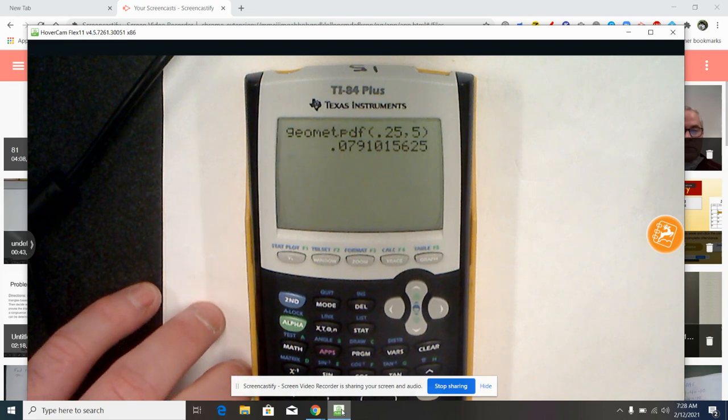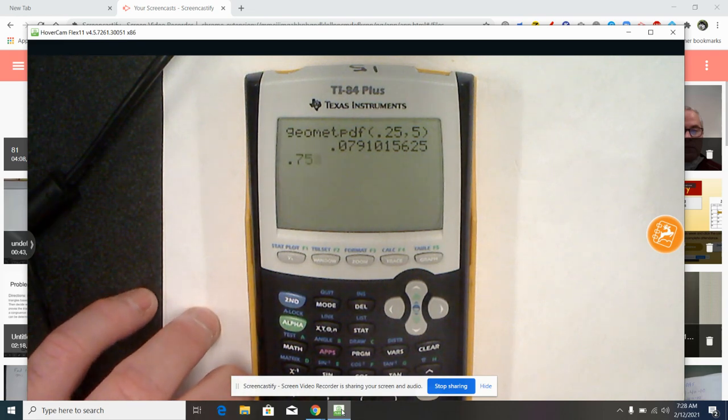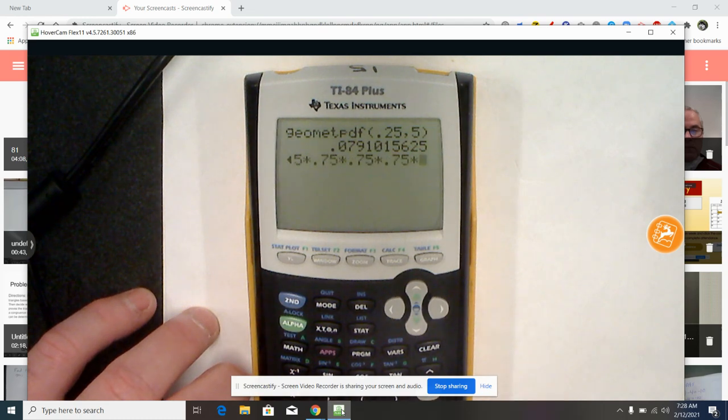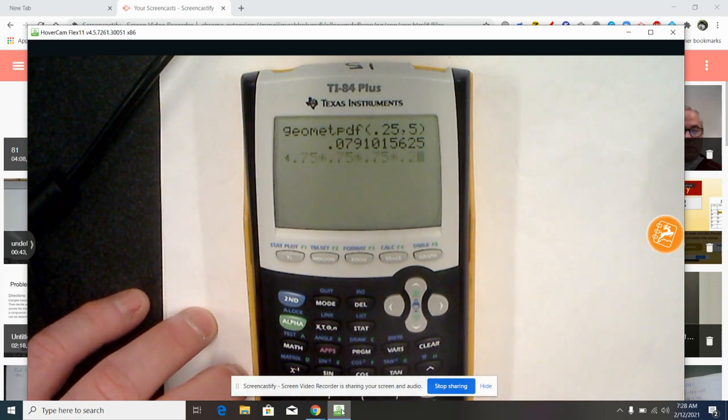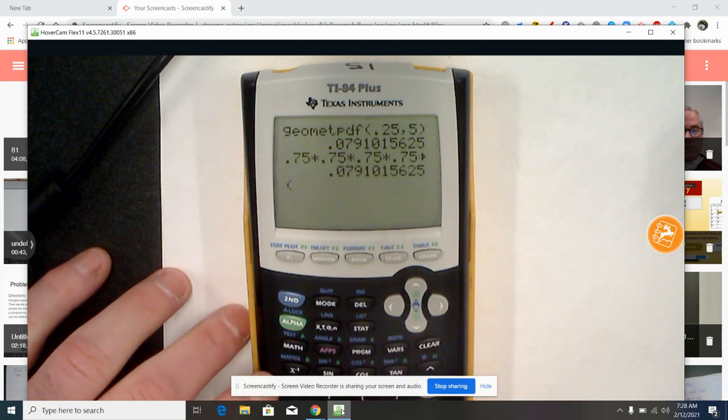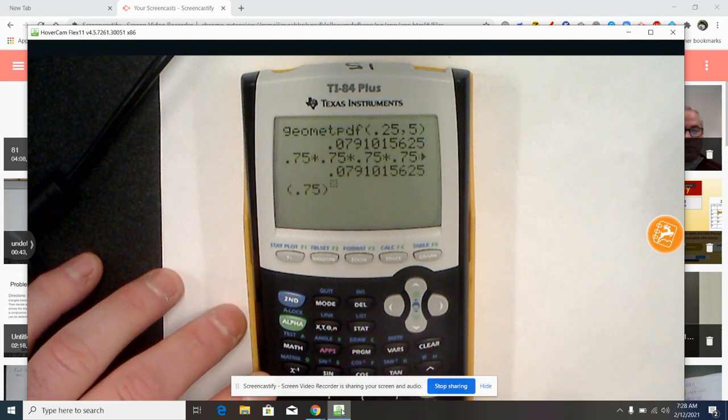So I could go failure on the first one times failure on the second one times failure on the third times failure on the 4th times success on the 5th trial. And there's the answer. The multiple choice question has this: 0.75 to the 4th power times 0.25.